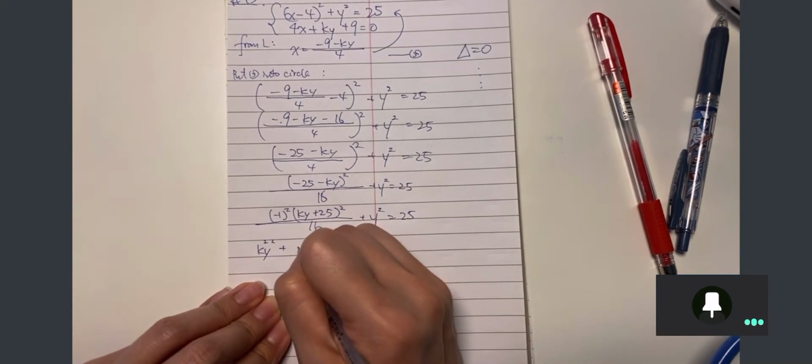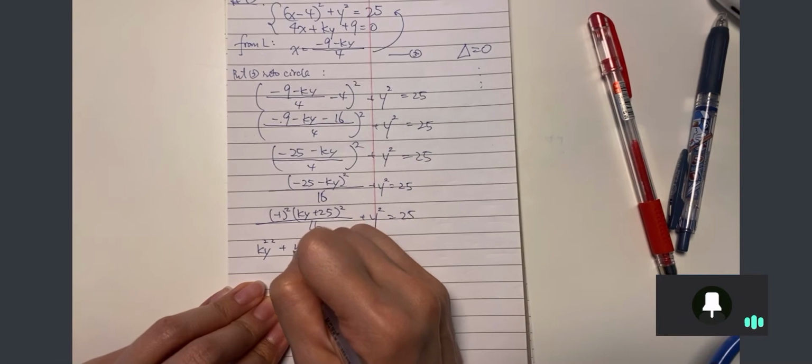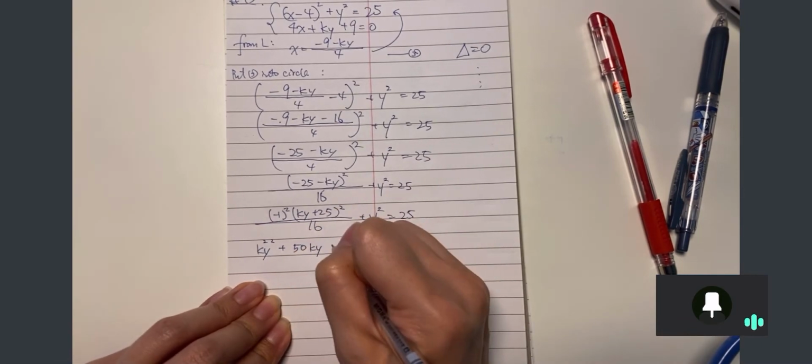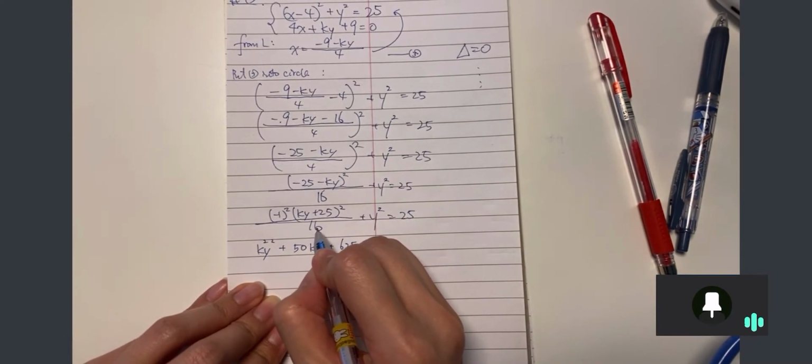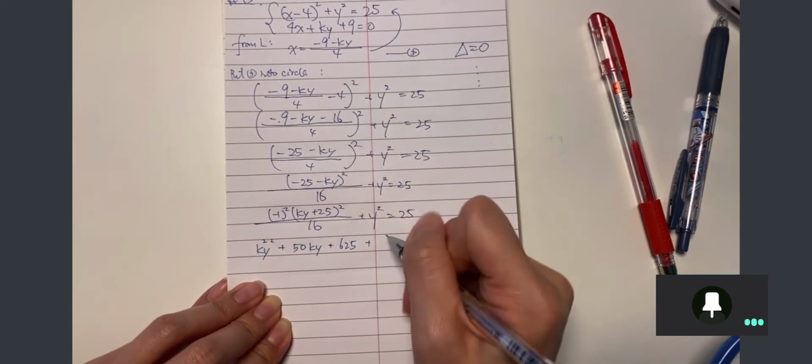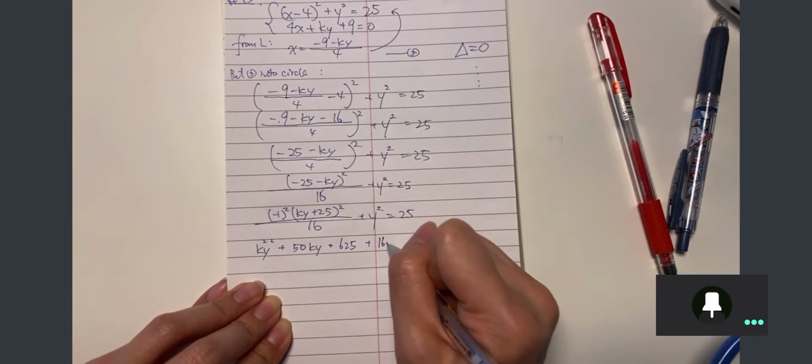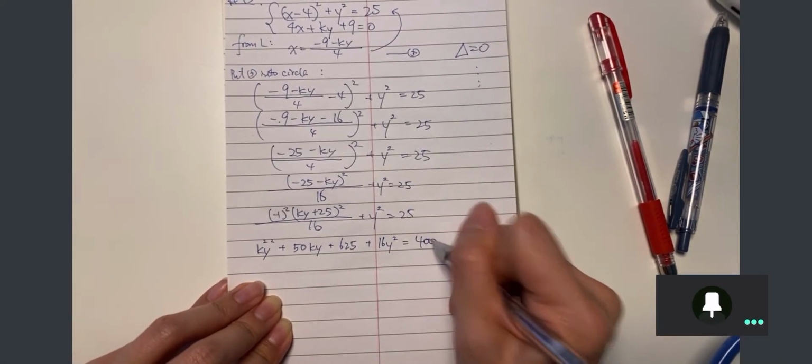ky all squared plus 2 times 25, that means 50, times ky, plus 25 squared, divided by 16, but this 16 has to be multiplied up. 16y squared equals 16 times 25, which is 400.